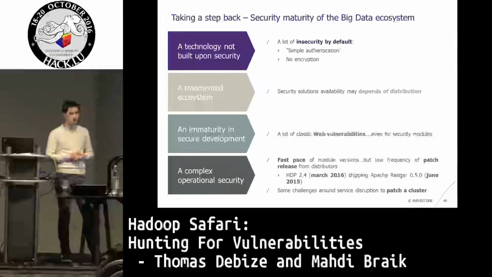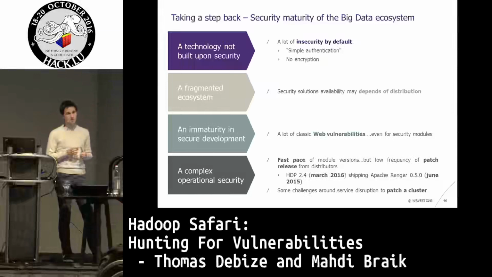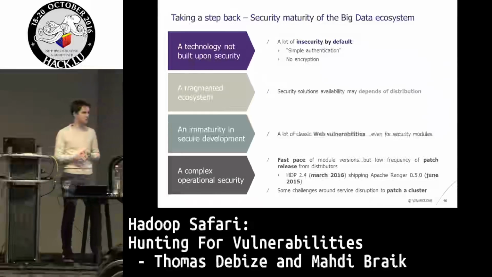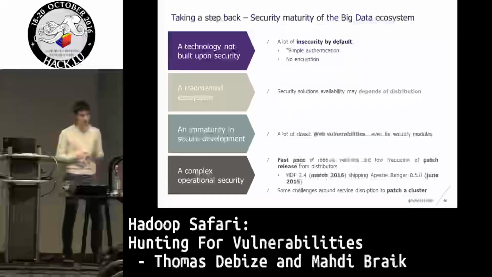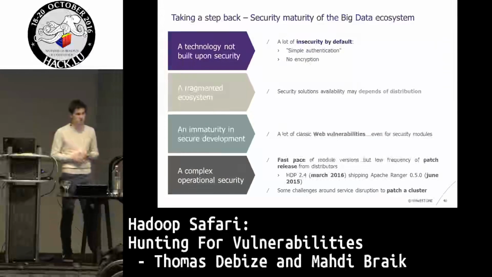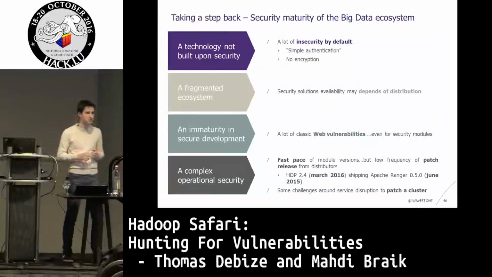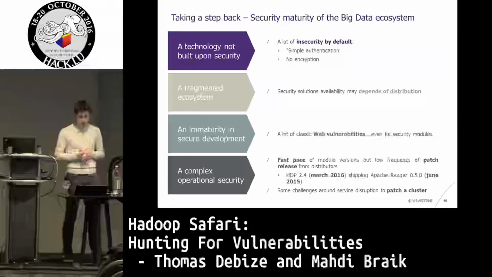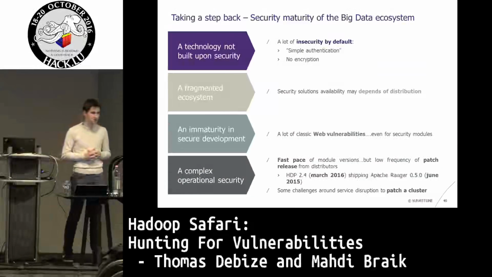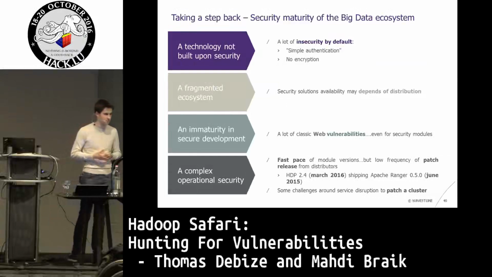You have simple authentication, which is just identification, without any encryption by default, without any native encryption for flows or data storage. Then you have a fragmented ecosystem with distributions. Everything is supposed to be open source, but you have distributions, as we've been reviewing, with Cloudera, MapR, and Hortonworks. And some security solutions may not be available for your distribution.